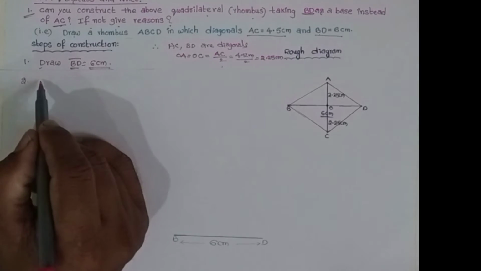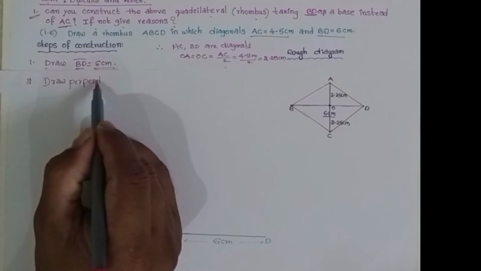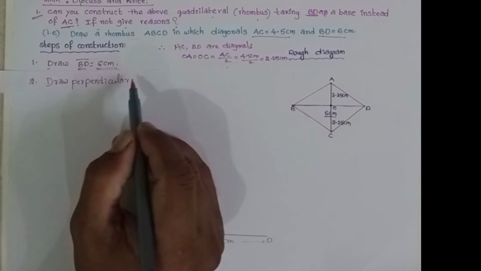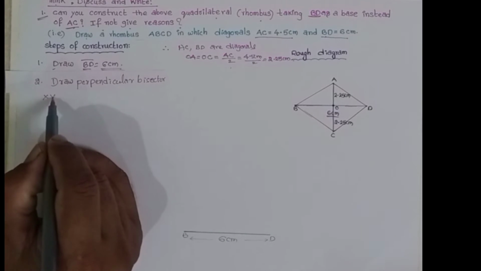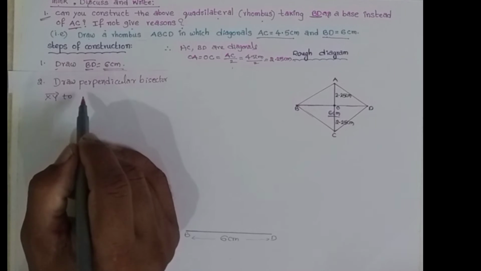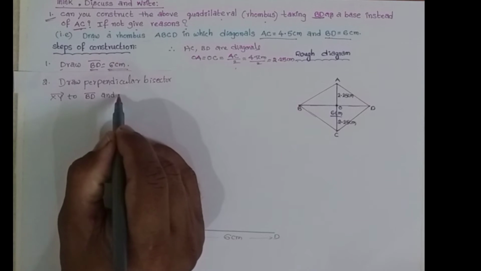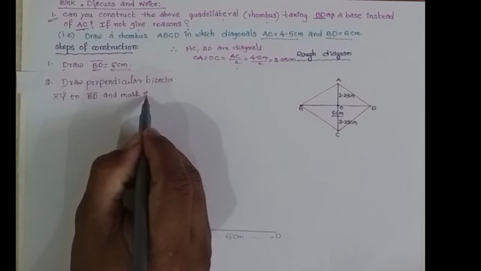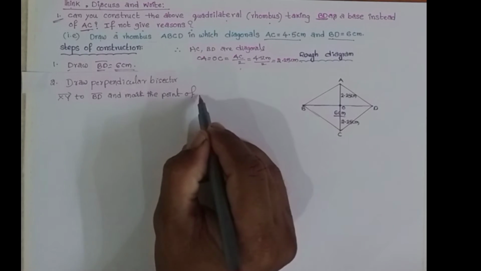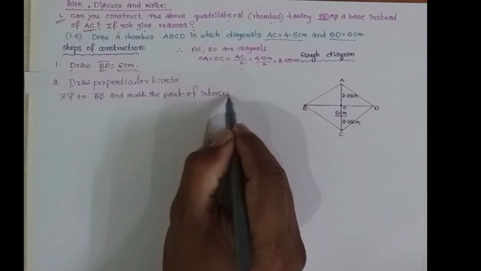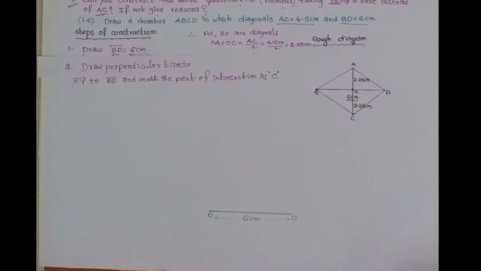Second step, draw the perpendicular bisector XY to line segment BD and mark the point of intersection as O.